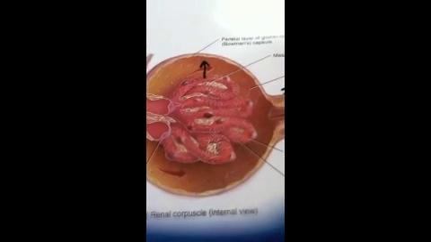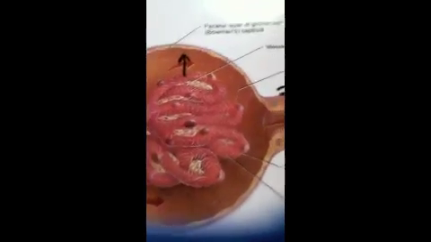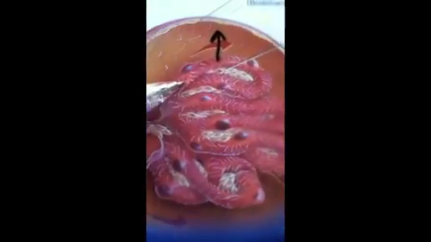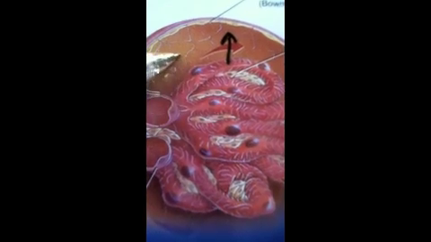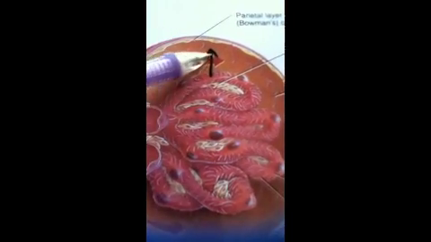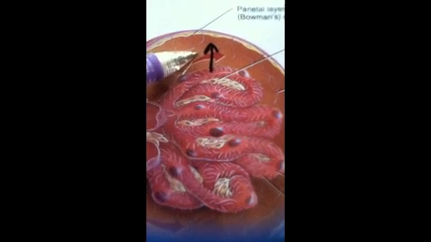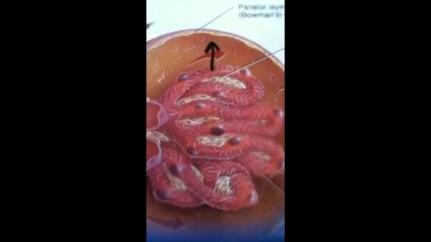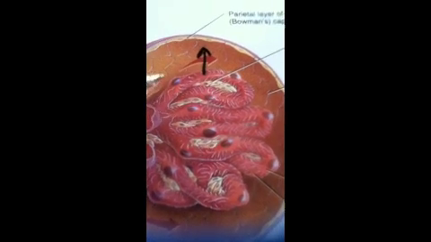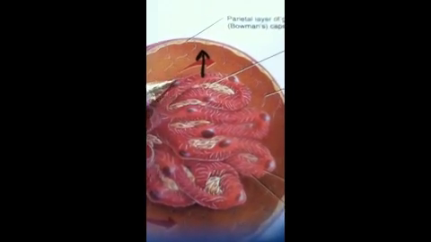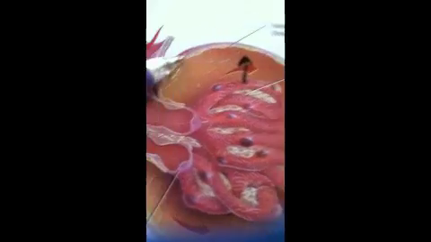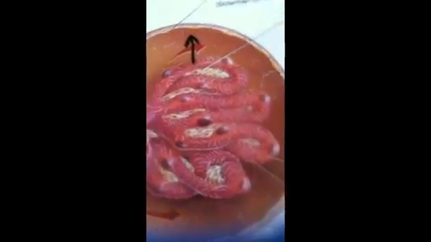And so you have most of the plasma leaving the blood in the glomerulus and entering into the space here of Bowman's capsule. And that space, we'll talk about in a second, is between the inner layer of Bowman's capsule and the outer layer of Bowman's capsule.